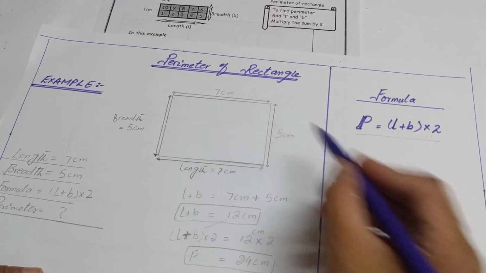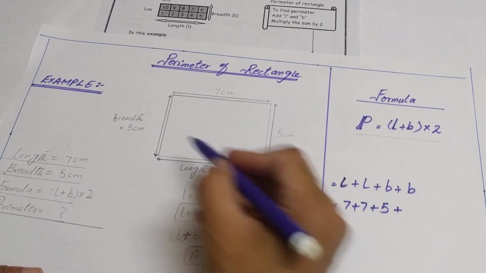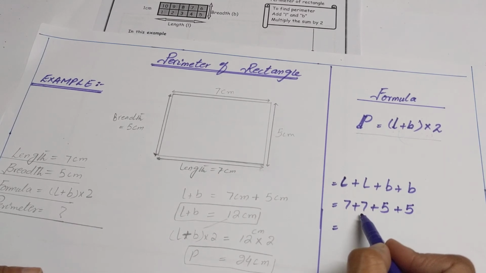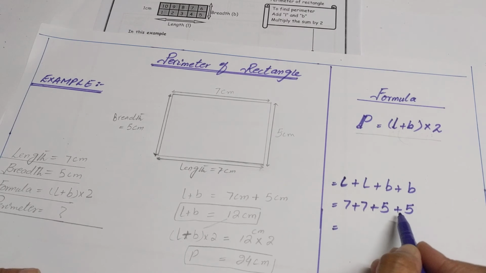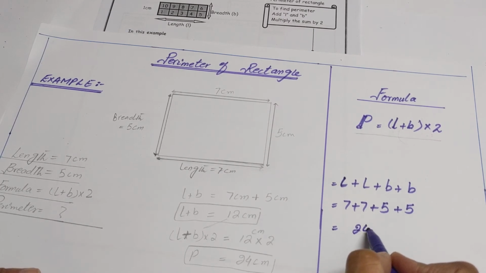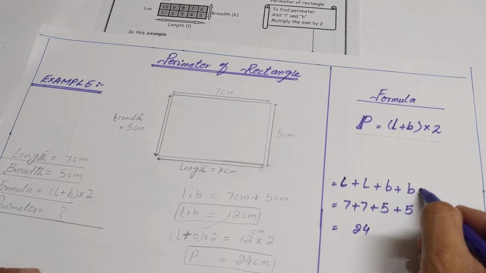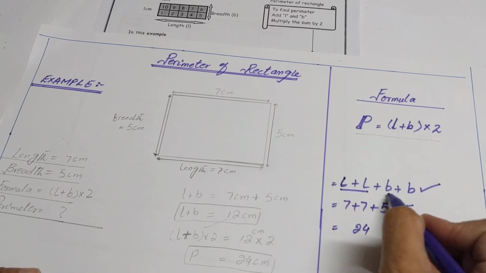What is the length? 7. What is the breadth? 5. What is the breadth? 5. 7 plus 7, 14. 14 plus 5, 19. 19 plus 5, 24. You can also calculate the perimeter like this. This is repeated addition, but it is the lengthy process.